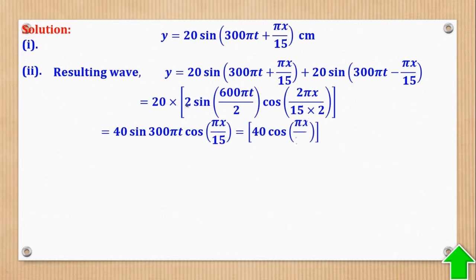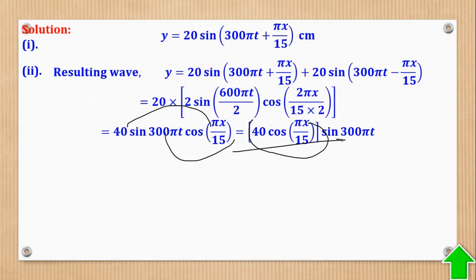Then I simplify, this times this is 40, this divided by 2 gives you this, and this cancels with this to remain with that. So I've rearranged to put the x this side because it's part of the amplitude. Then this 300 comes this side to give you this expression.